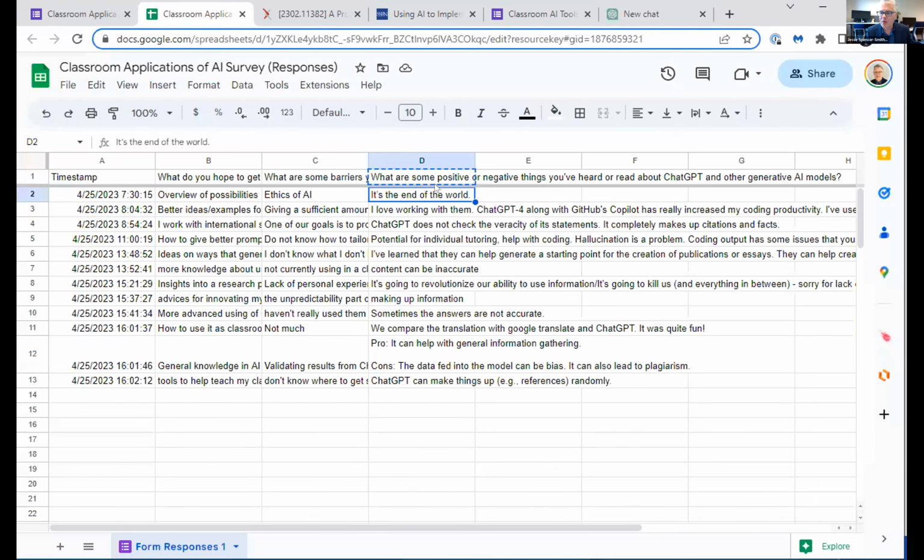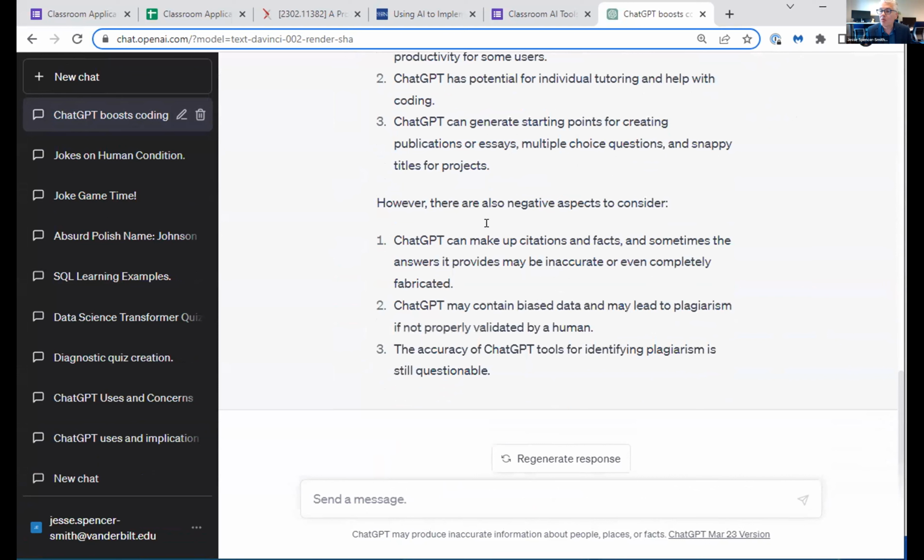All right, so positive things: increased coding, potential for individual tutoring, and can generate points for creating publications. Notice what else it did. It also pointed out the negative. So can make up citations, may contain biased data, and accuracy of GPT for identifying plagiarism is still questionable.